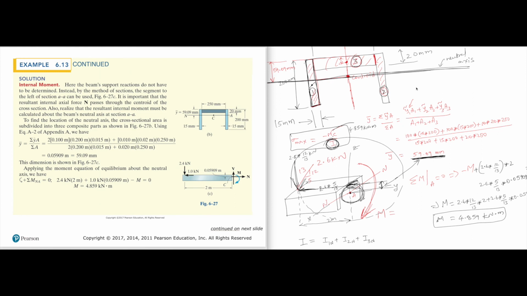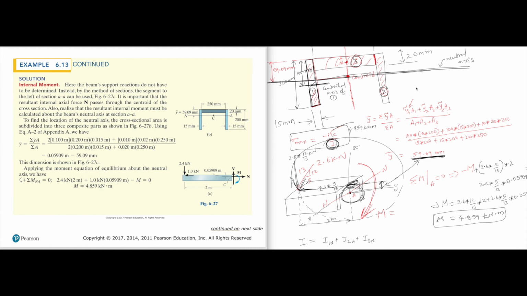That means in this case, should we apply it or not? Is the neutral axis of the entire cross section the same as the centroidal axis of 1? Where is the centroidal axis of 1? The centroidal axis of 1 is this. This is at 100 mm from the topmost surface, right?